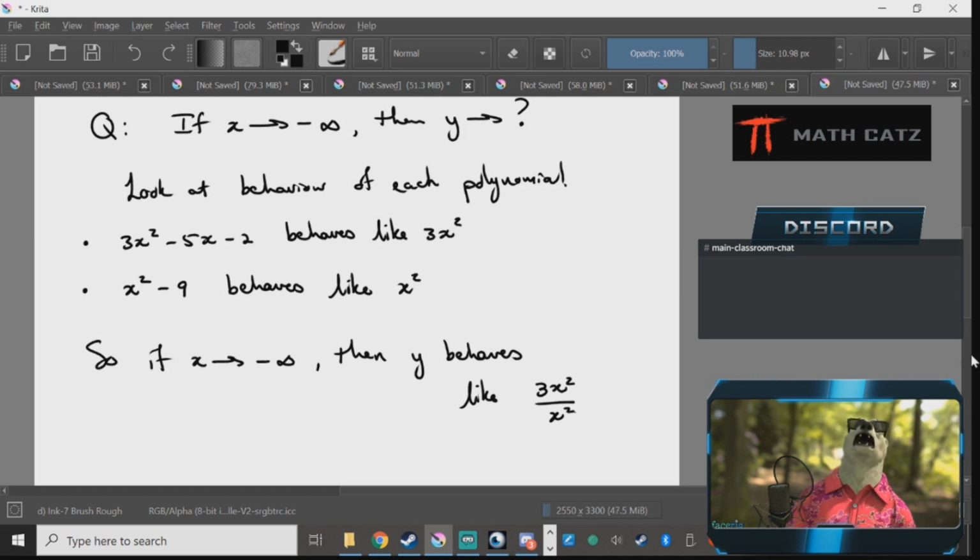Again, let me make this extremely clear. I will never say y equals 3x squared over x squared, because it doesn't. It simply wants to become that function.